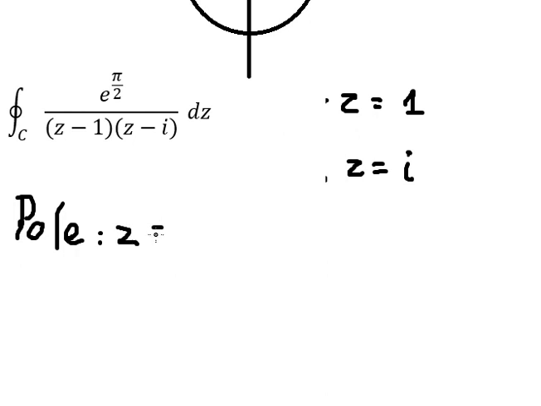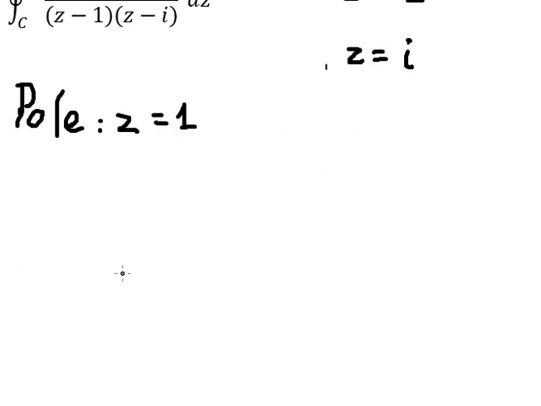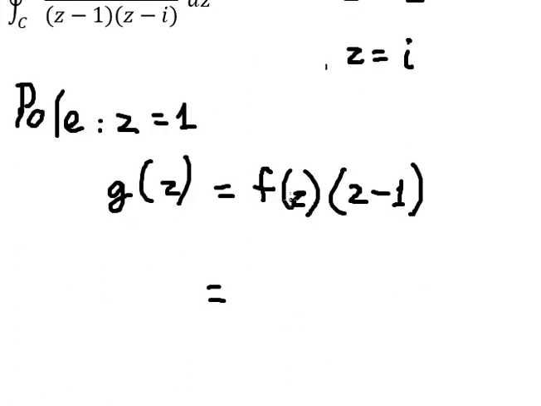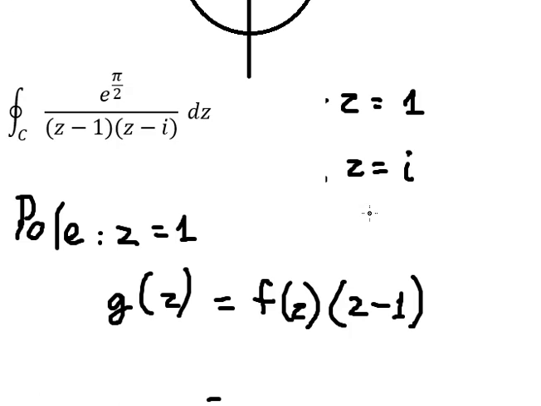z equals number 1. So we have g of z equals f of z. f of z is about this one in here, multiplied by z minus 1. If we multiply this one by this one, we cancel z minus 1 in here.